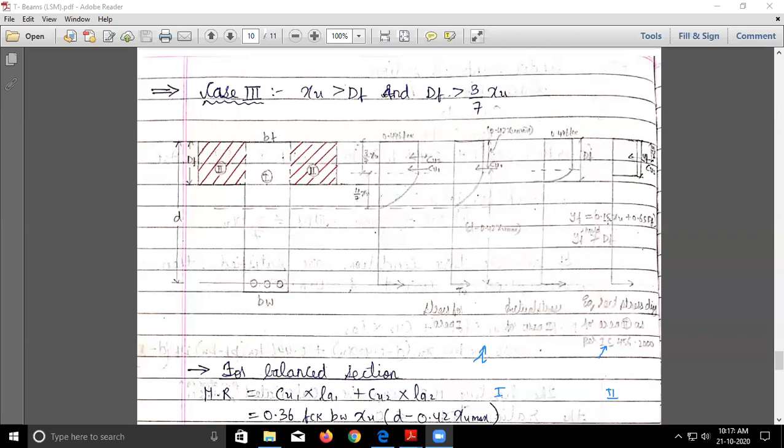So in that write down BF. Sir, can you repeat slowly? Calculate the moment of resistance of a singly reinforced T section, having the following details.